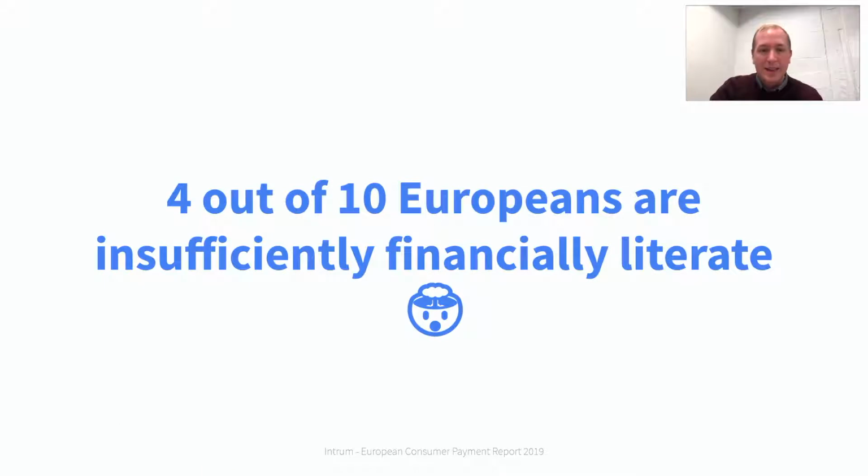Next slide. I just want to pause here for a moment because this was actually the conclusion of an interesting study performed in 2019 by Interim, and it concluded with the fact that 4 out of 10 Europeans are insufficiently financially literate. So just think about that. 4 out of 10 Europeans don't understand their finances.